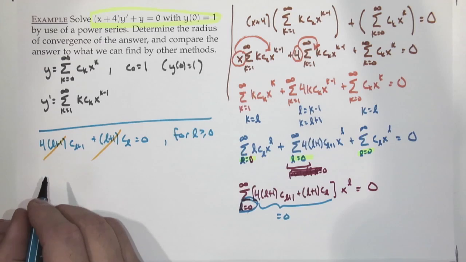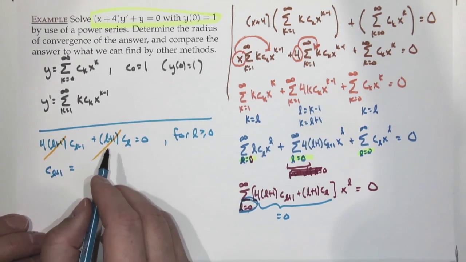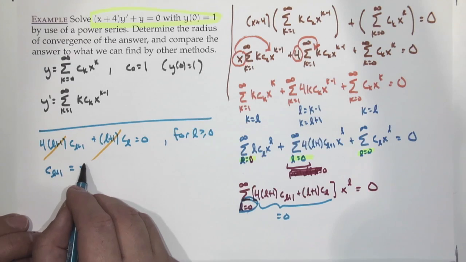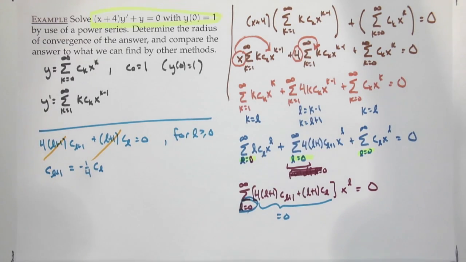And then we could say, okay, well, c sub L plus 1 is equal to, we move it across, divide, minus 1/4 c sub L. Oh, somebody worried I might have divided by 0? No. Now you're making me paranoid. Like, what?